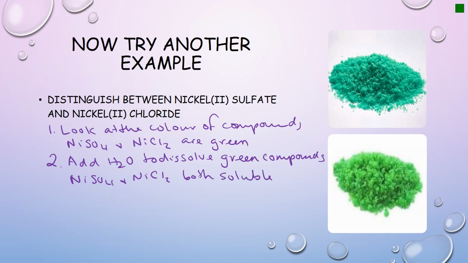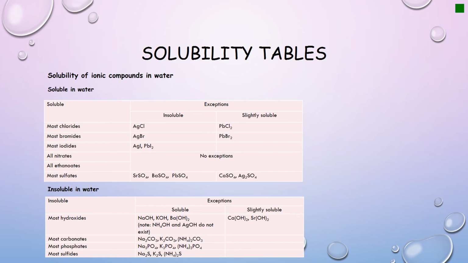Now, our third step is to do a precipitate reaction. So we're going to have to look at the solubility tables. So, looking at the chlorides and the sulfates, you find that silver chloride here is insoluble. So now we've got to check it against the sulfates.